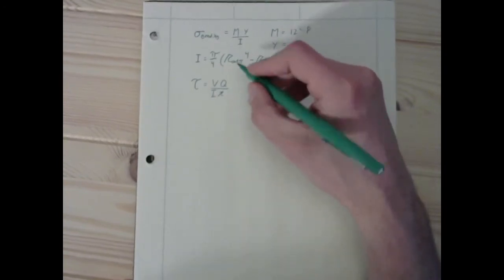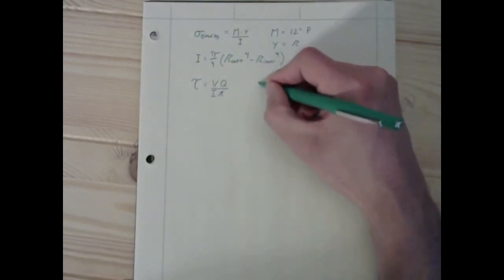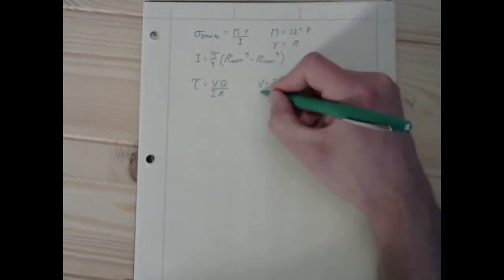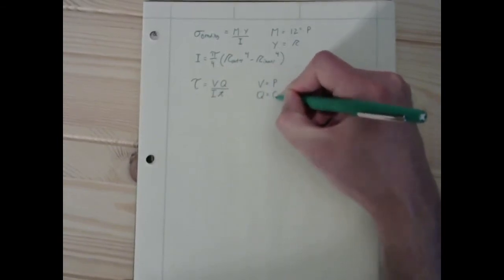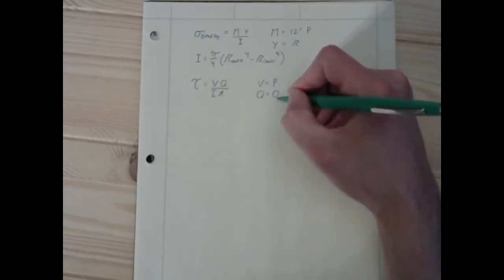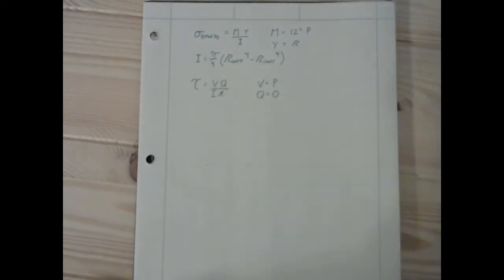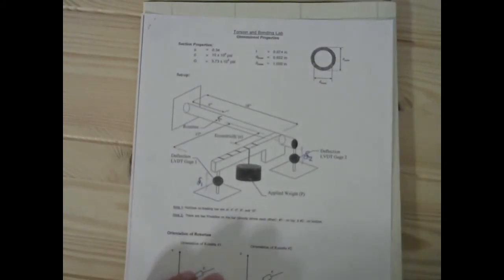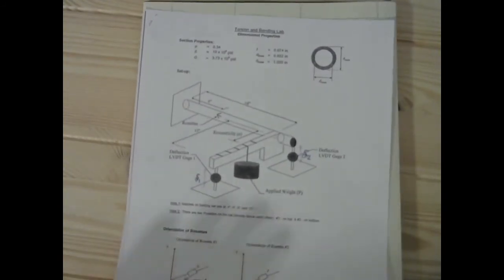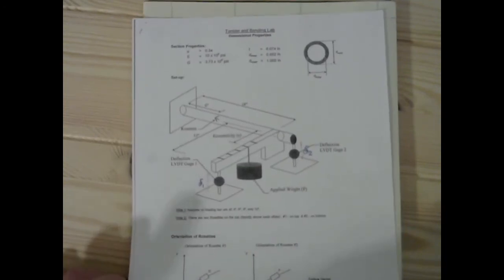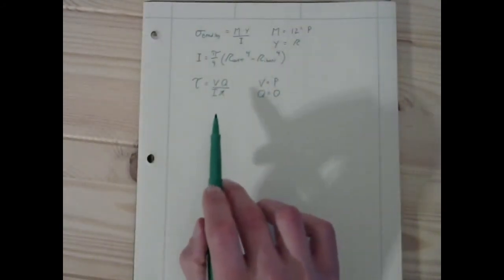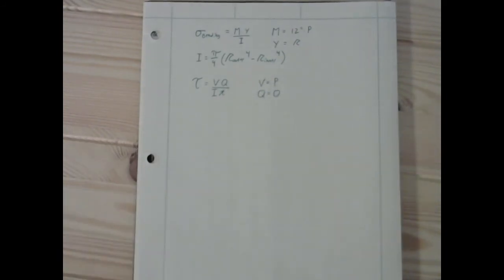But in this case, okay, sure, V is equal to P, fine, but Q will be 0, because we're looking at the top, and this drawing is not great, but it's located on the top of our cross section, so Q will be 0. So we don't have to worry about shear stresses due to the shear.